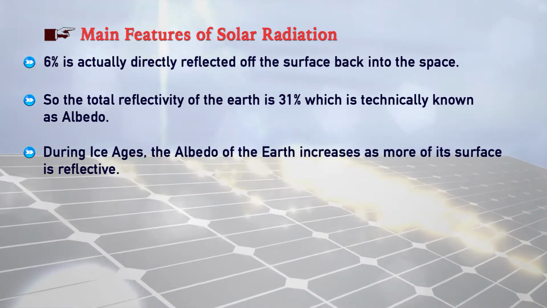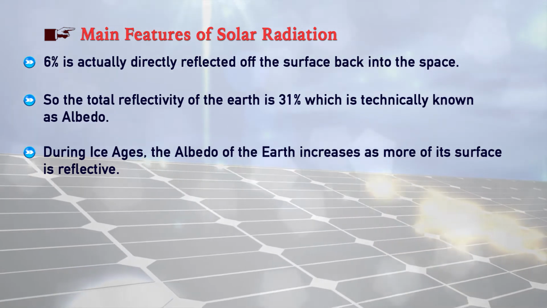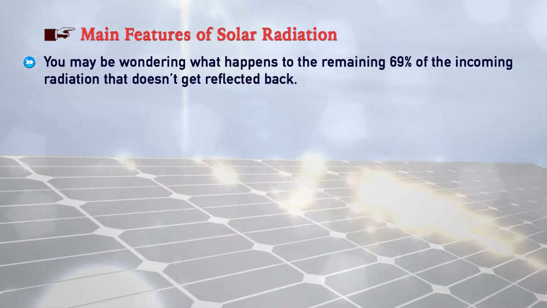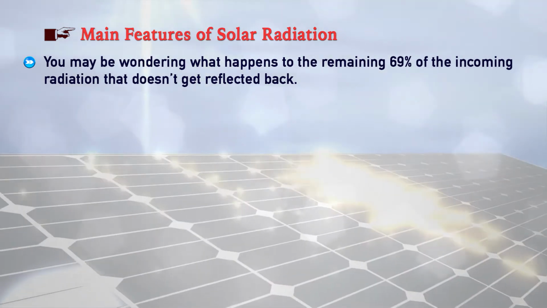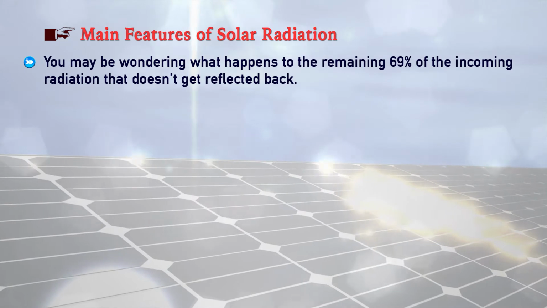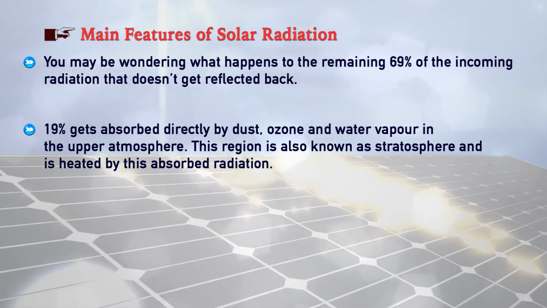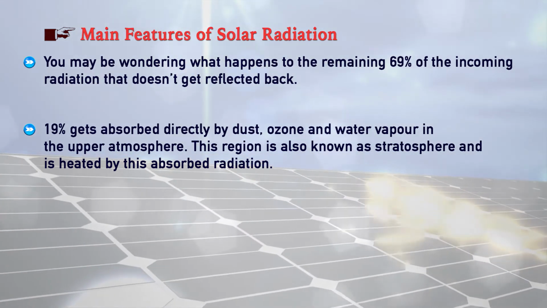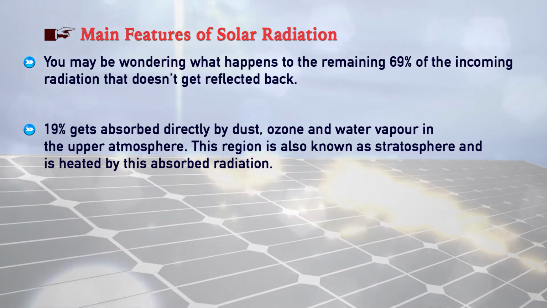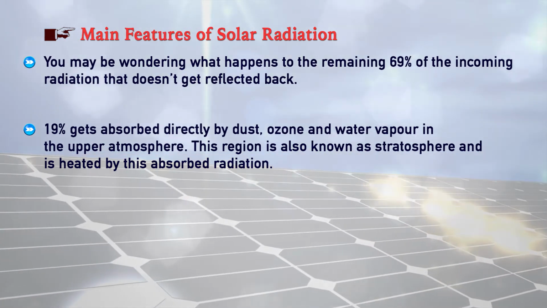During ice ages, the albedo of the Earth increases as more of its surface is reflective. You may be wondering what happens to the remaining 69% of the incoming radiation that doesn't get reflected back. This breakup may be understood this way: 19% gets absorbed directly by dust, ozone and water vapor in the upper atmosphere.